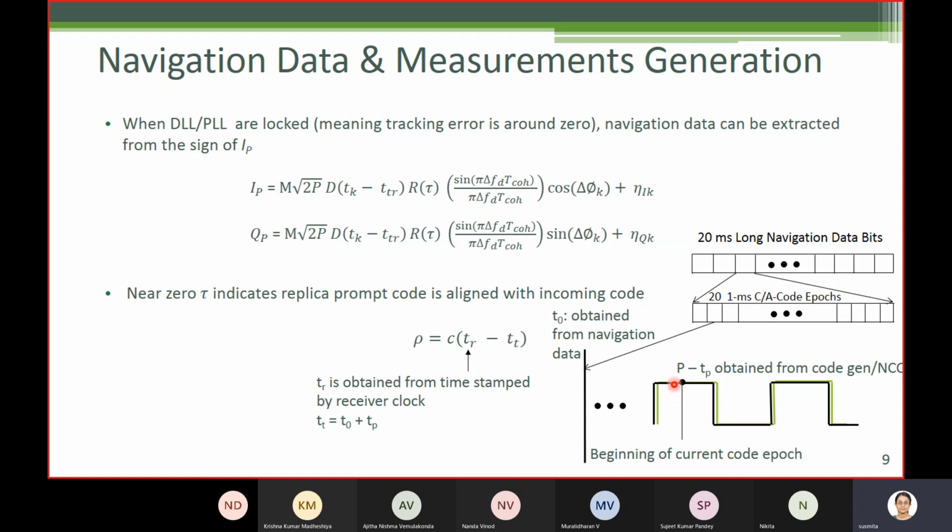If this is, say, the n plus 1 chip, then n chips have already passed. We know the duration of each chip, it is TC. So until the beginning of this chip, how much time has elapsed from the beginning of the code epoch? It is n times TC, the number of chips before the current chip since the beginning of the code epoch.